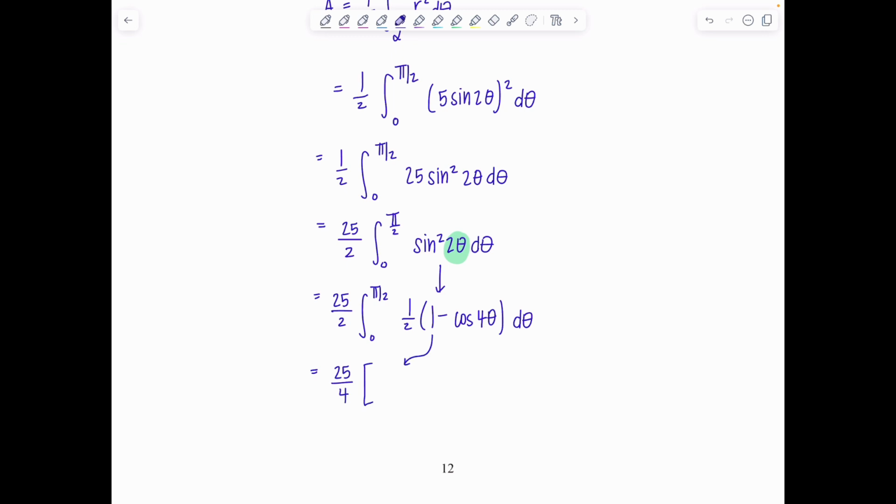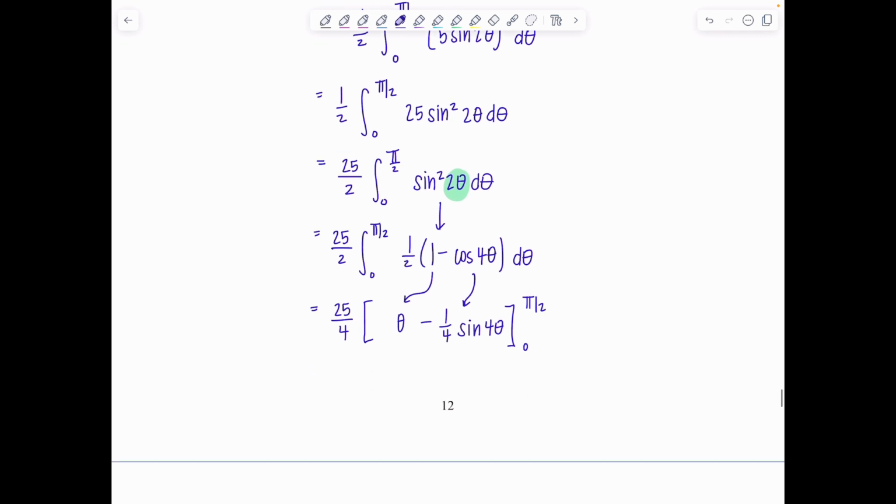So let's go. Antiderivative of 1, theta. And then antiderivative of negative cosine 4 theta would be negative 1/4 sine 4 theta. And we're evaluating this from 0 to pi over 2.